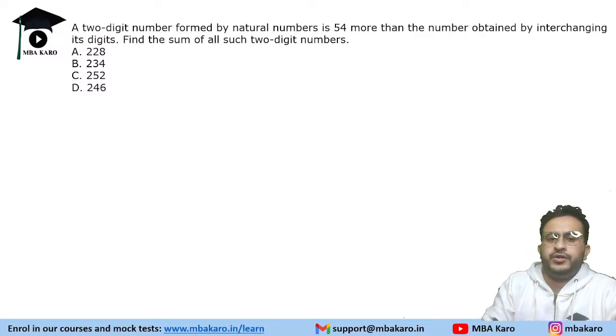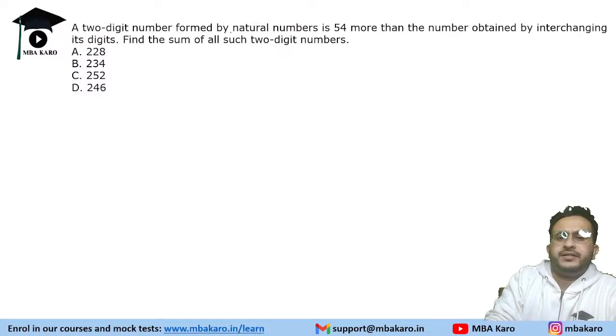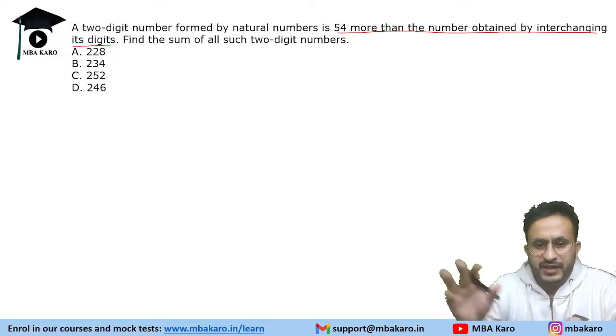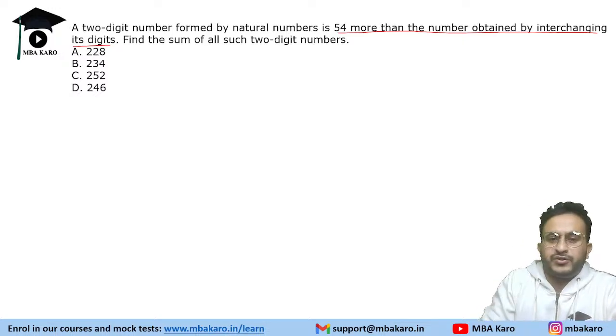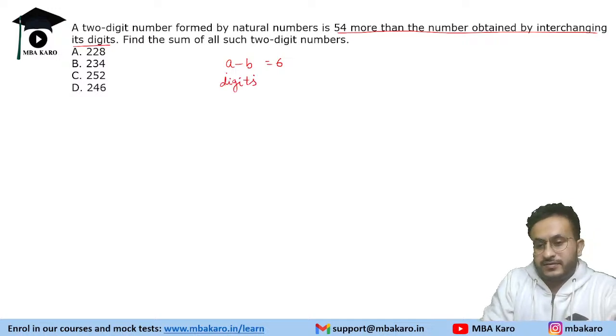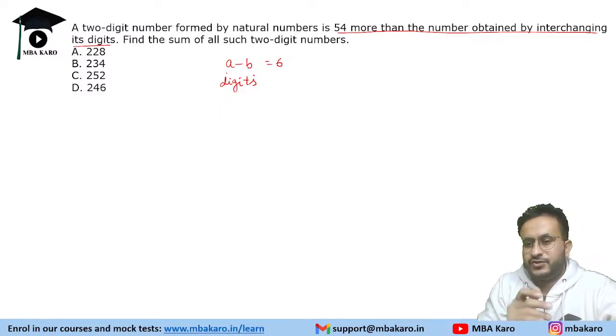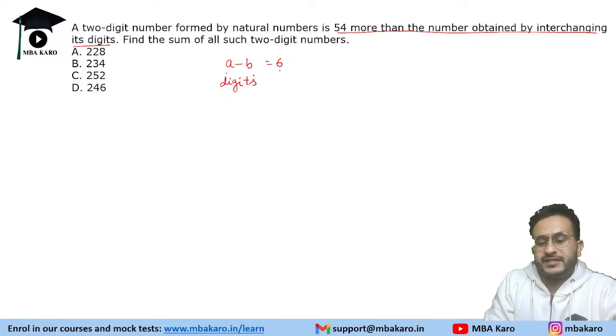So there is a two-digit number and 54 more than the number obtained by interchanging its digits, right? I'm assuming that you are no longer beginners. So you should be able to find that a minus b is equal to 6, where a and b are digits. So the difference will be 6, right?